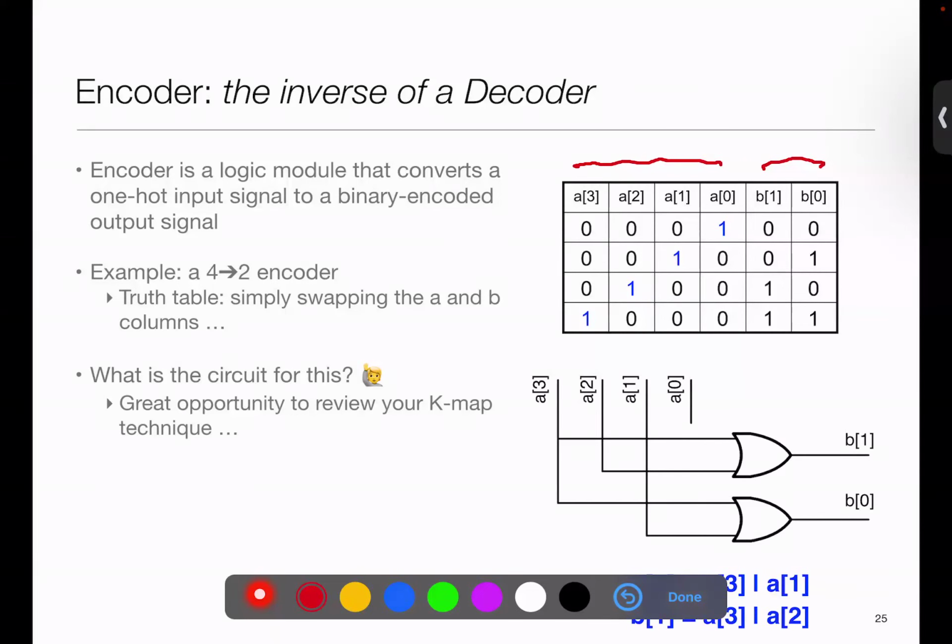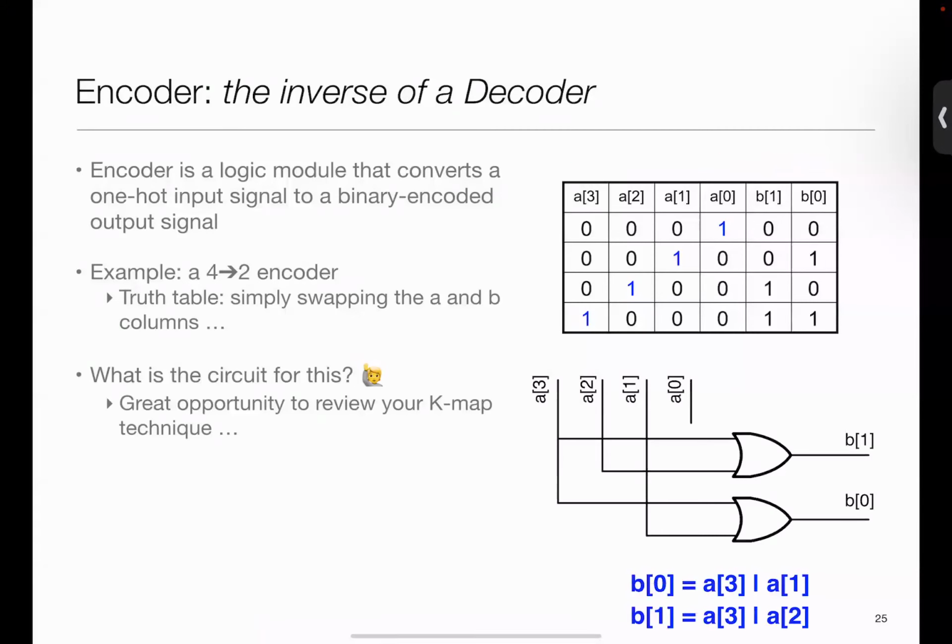So I can implement the circuit using a Karnaugh map very easily. It will look something like this. The remaining, in this case, 12 rows are don't cares, but this is an implementation. There are obviously other possible implementations also.